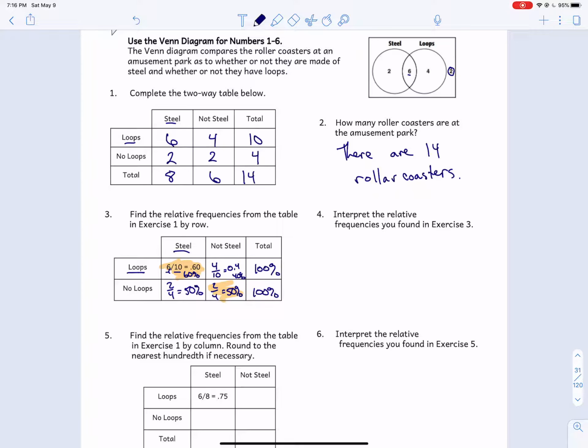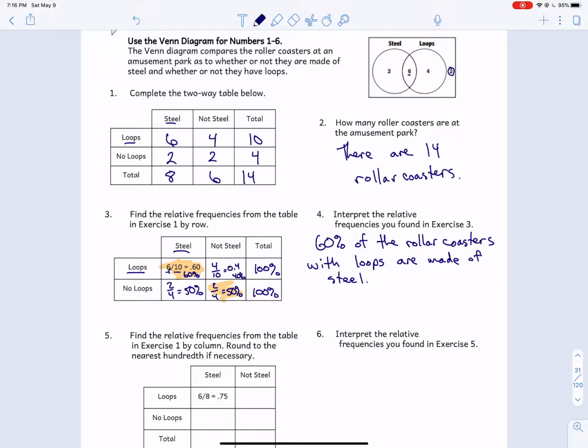So we can write that 60% of the roller coasters with loops are made of steel. Okay, so that's the first one.